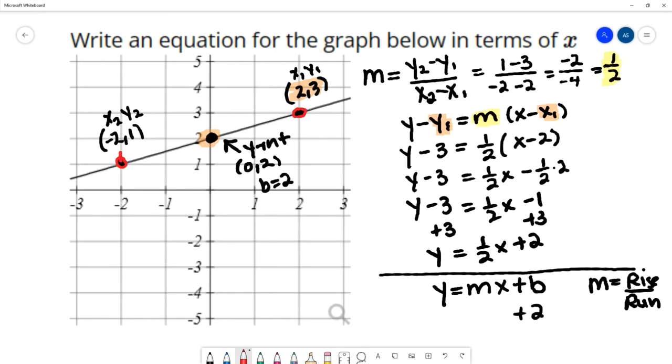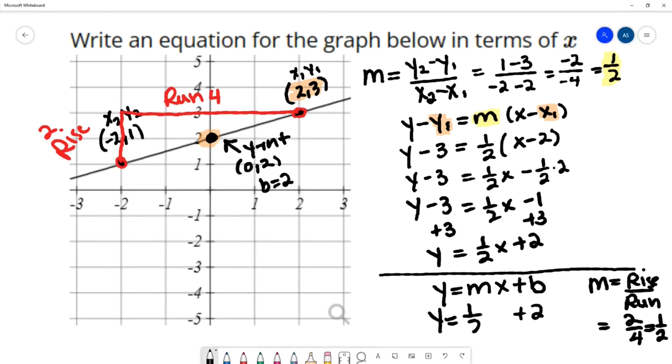If I rise, I would travel 2 units up, and I would travel 4 units across. That's a rise of 2 and a run of 4. So that rise over run is 2 over 4 and gets our slope of 1/2. So we have our equation y equals 1/2 x plus 2.